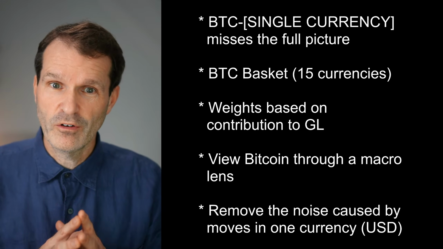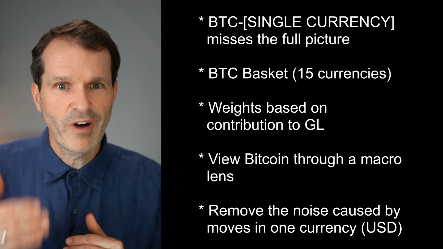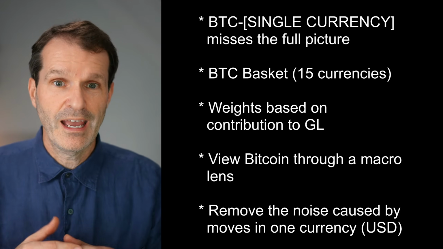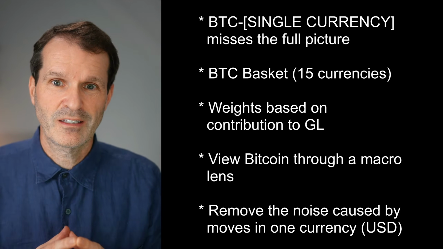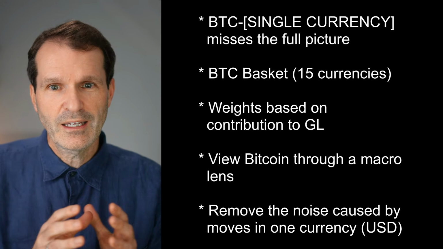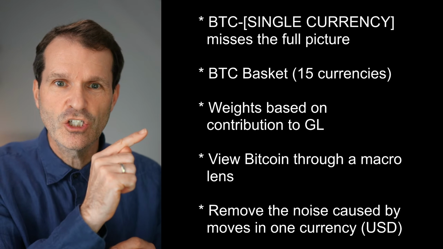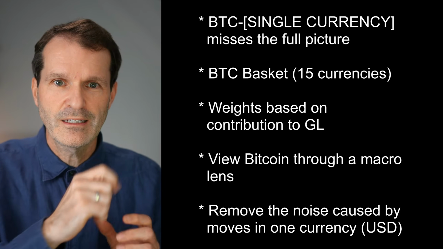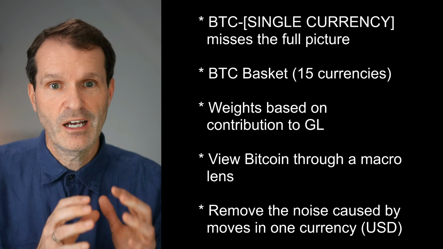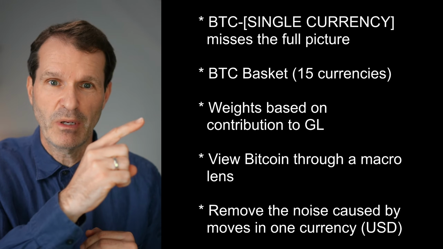We are thankful that Michael Howell, the expert in global liquidity, provides a so-called Global Liquidity Bitcoin basket. Not only does this basket consist of 15 currencies, he also uses a weighting mechanism, which is seen here, so that each currency is weighted based on the contribution of that currency or that country to global liquidity. And that's a very important aspect here.